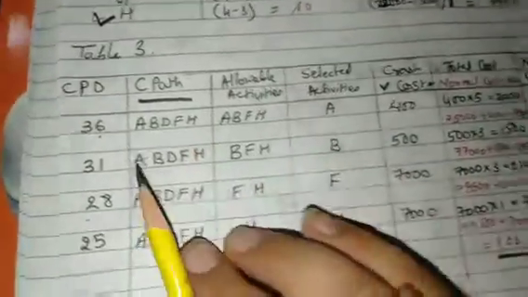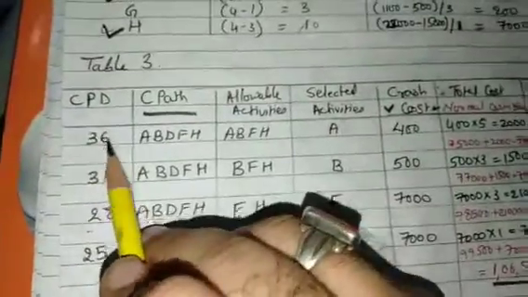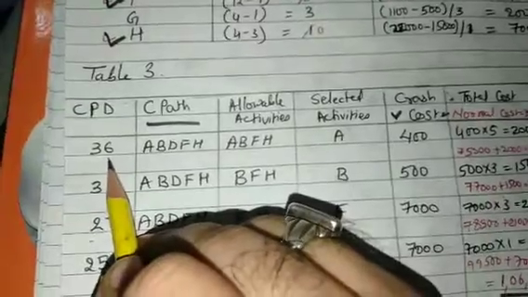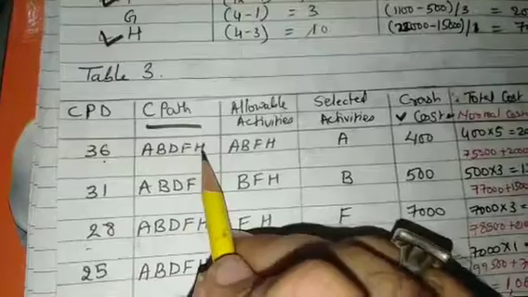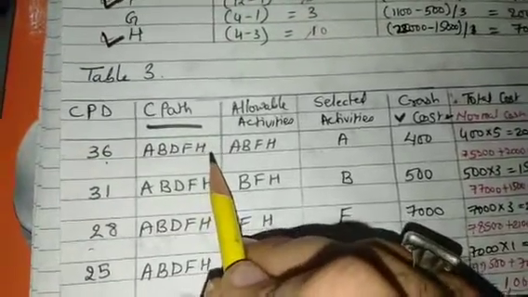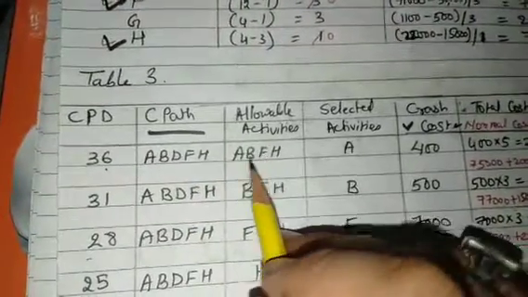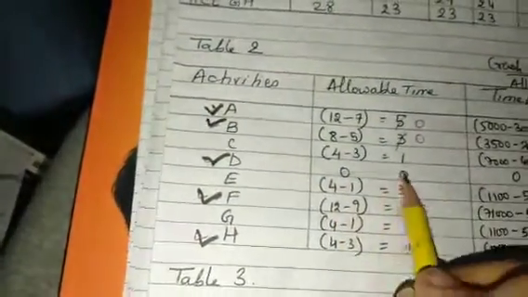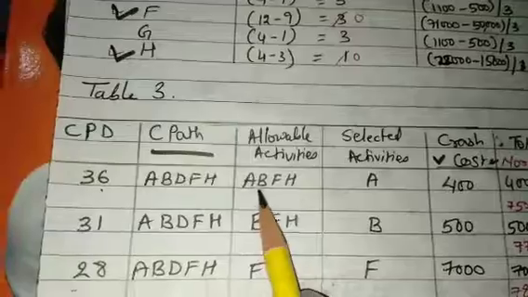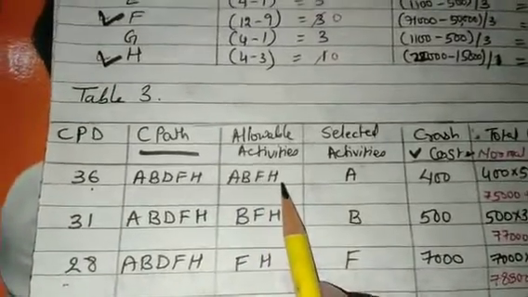So step by step we will solve. First, our duration for the critical path was 36. Our activities on the critical path were A, B, D, F, H. D I am not considering because it has 0, so the allowable activities are A, B, F, H.